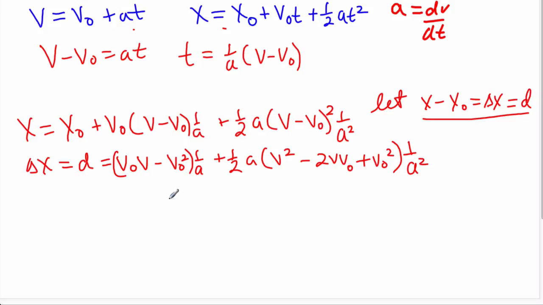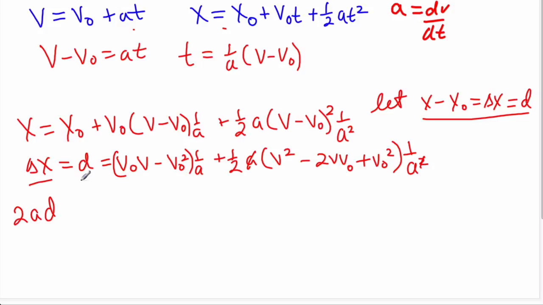So we need to simplify this somewhat. Let's cancel those: now I've got a 1 over a here and a 1 over a there. Let's multiply both sides by 2a, so 2 times a times d.